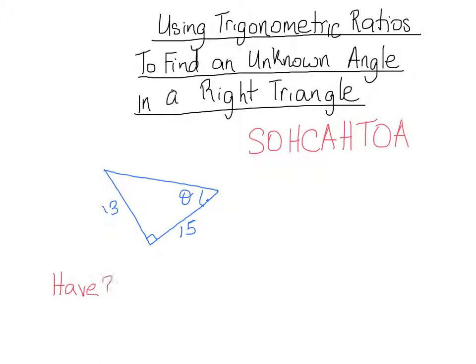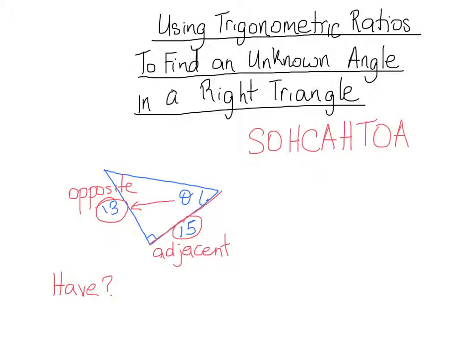And now we're going to just ask ourselves, what do we have? We have two things now. We have that side. That side is opposite the angle in the question that we're looking for. And we also have the side that is right next to it. So we have the adjacent. What we don't have, we don't really care about, but we don't have our hypotenuse.